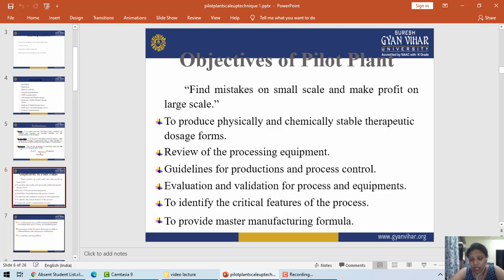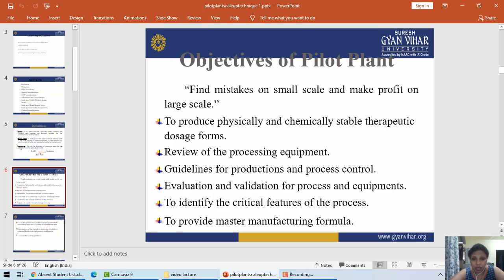We can study the process control parameters, which are the parameters we have to control for getting the best results. Then evaluation and validation of process and equipment is another one. Then to identify the critical features of the process.